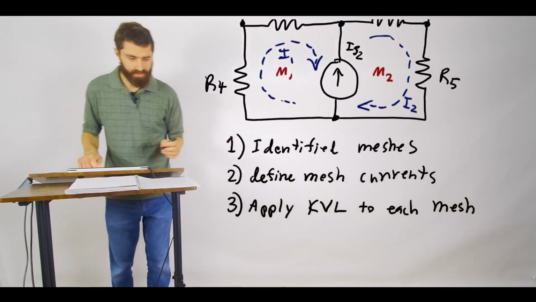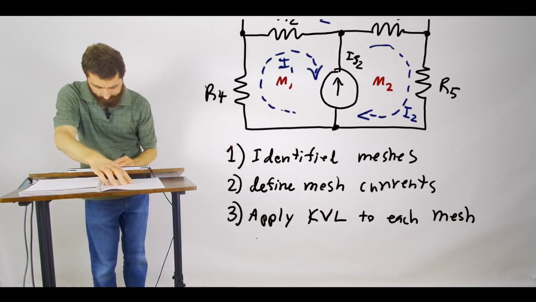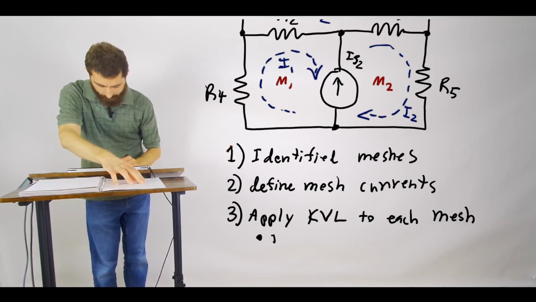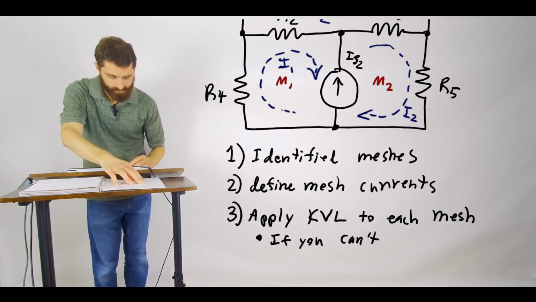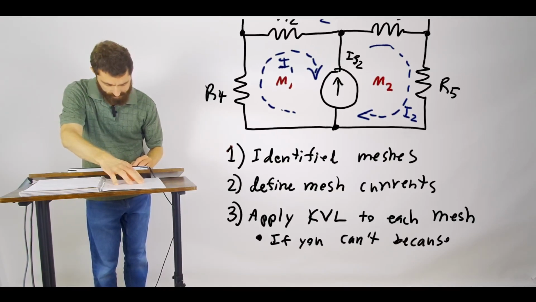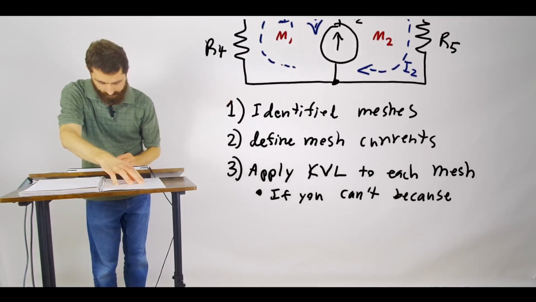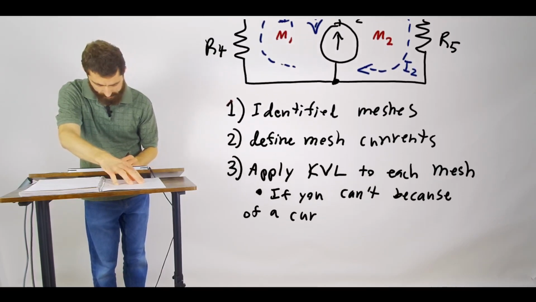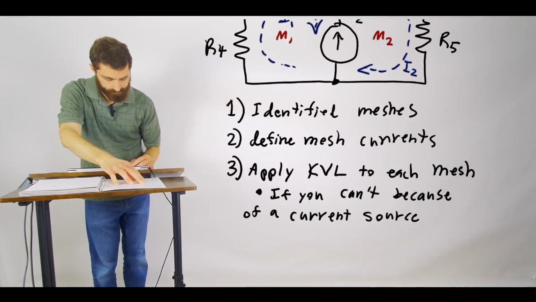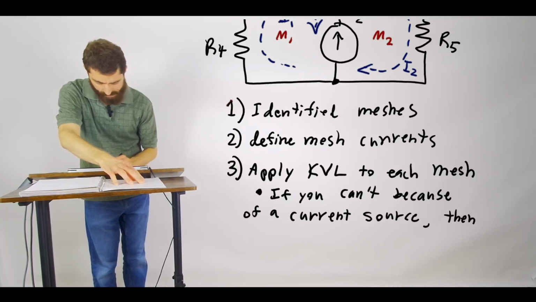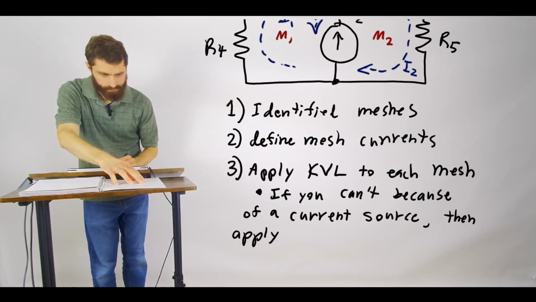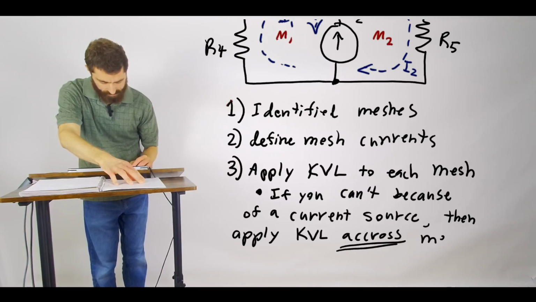to this rule here, and it's this. If you can't apply KVL to a mesh because of a current source, then apply KVL across meshes.